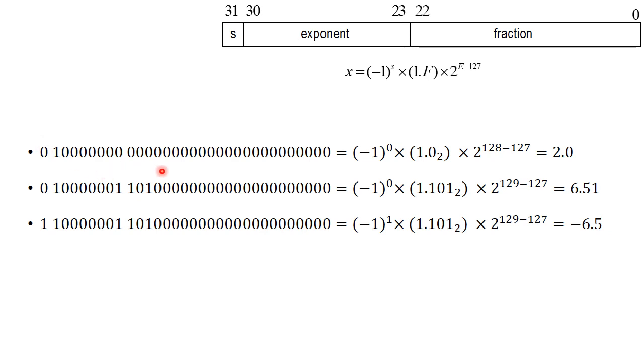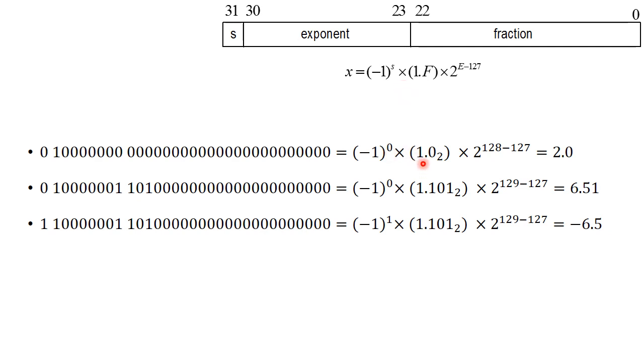So this is the given data. We are going to convert that into equivalent decimal value by making use of this formula, right? So let us start. So x is equal to -1 to the power of s. So -1 is taken as it is from the formula to the power of s. So observe what is the sign bit. Sign bit is equal to 0 over here. So 0 has been put over here.